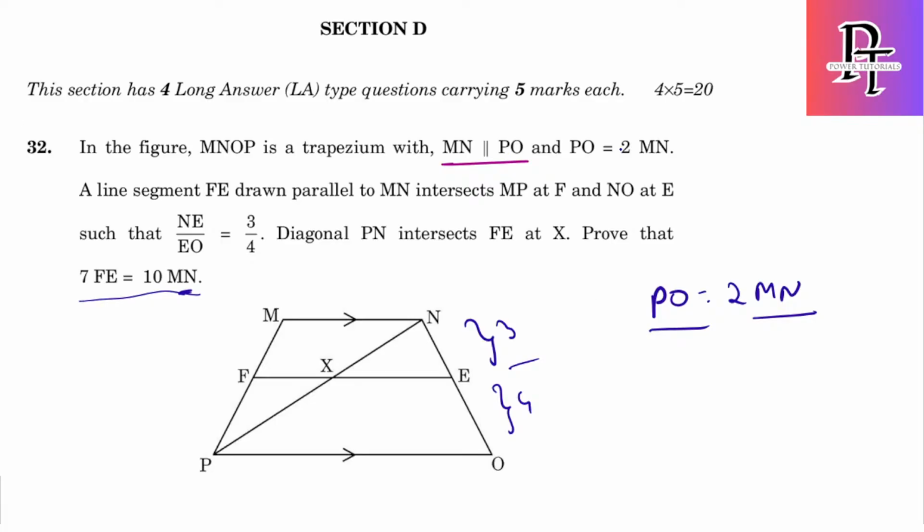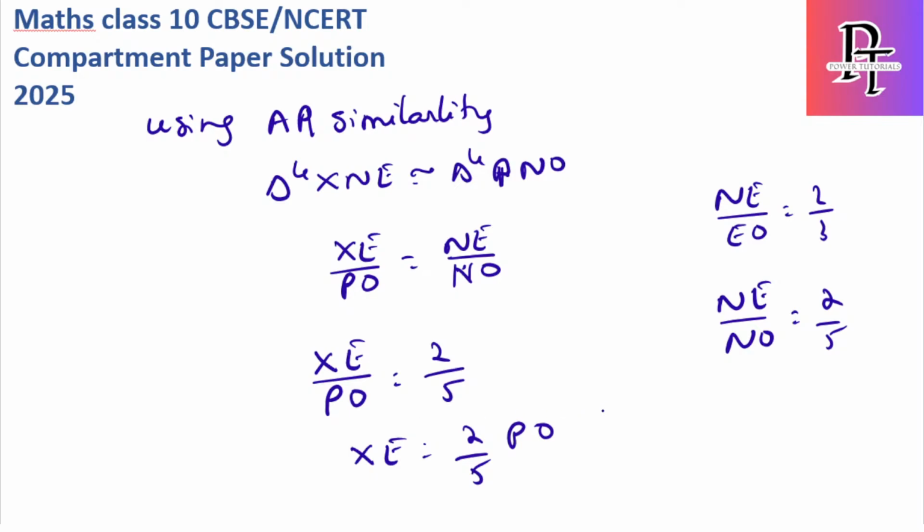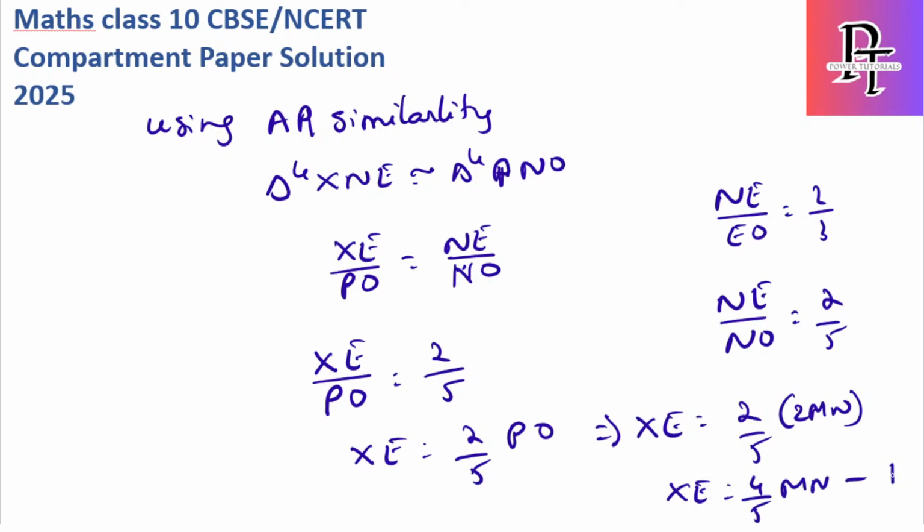They have clearly given it in the question. So just substitute PO as 2MN. XE is equal to 2 by 5 into 2MN. So I will get XE value as 4 by 5 MN. Okay, so we got the XE value.